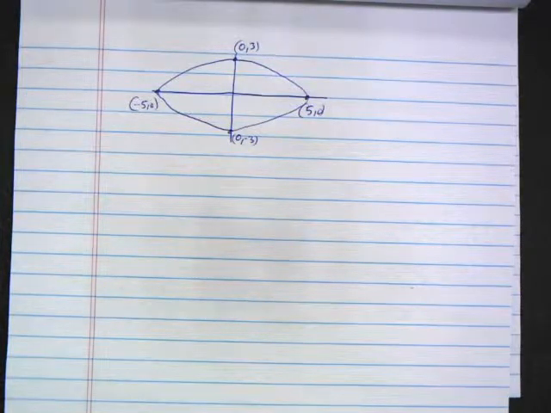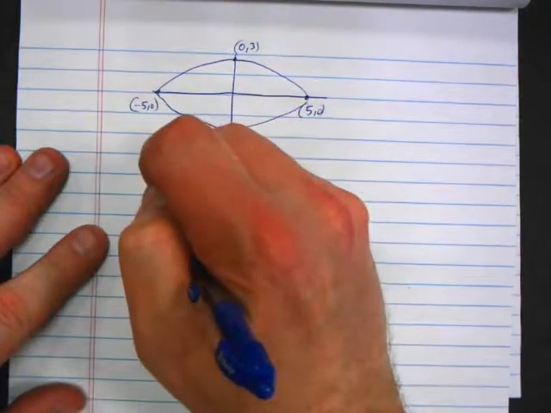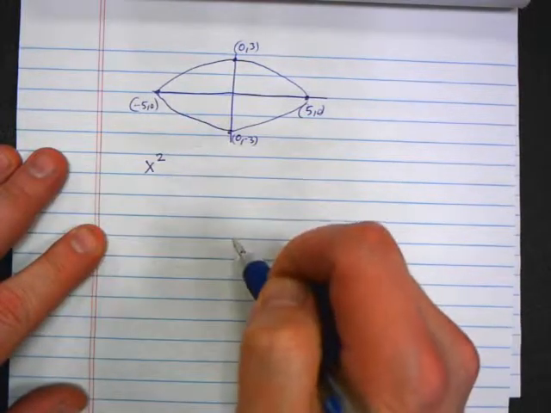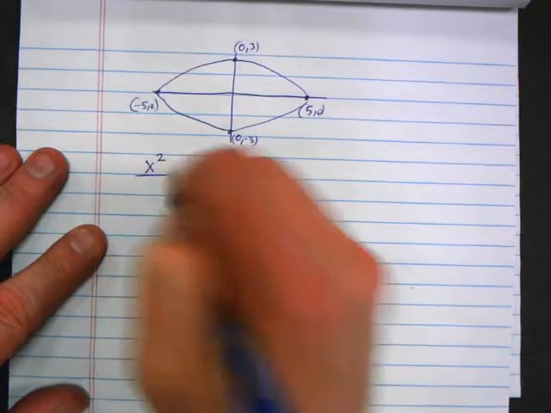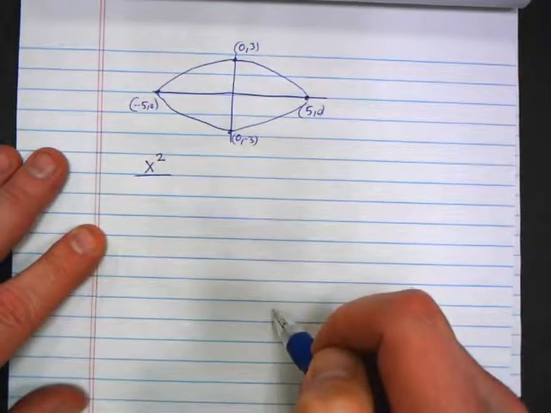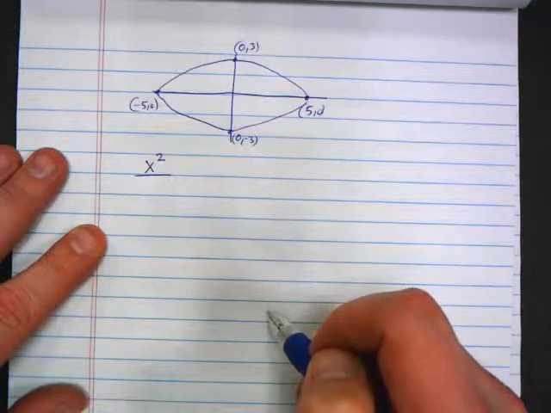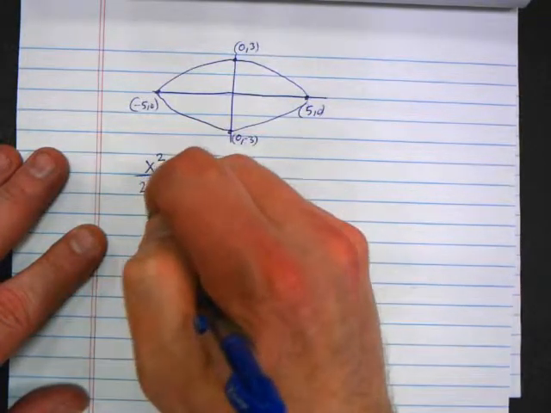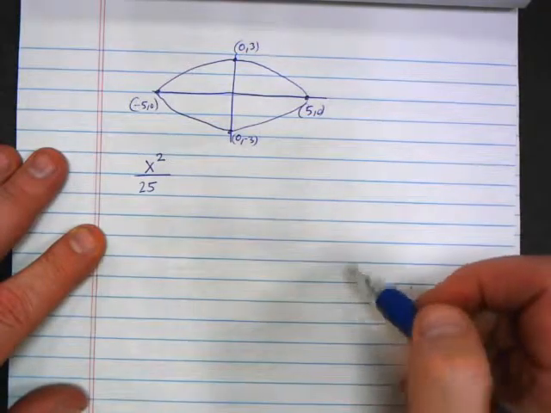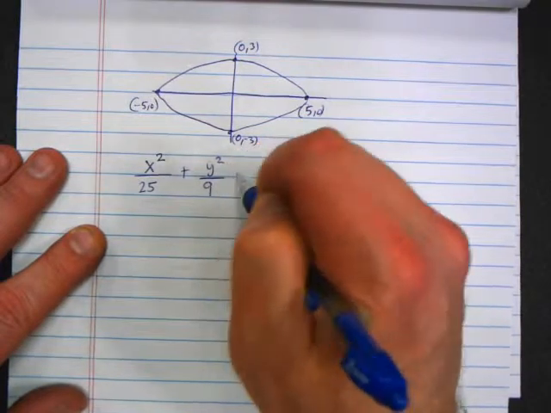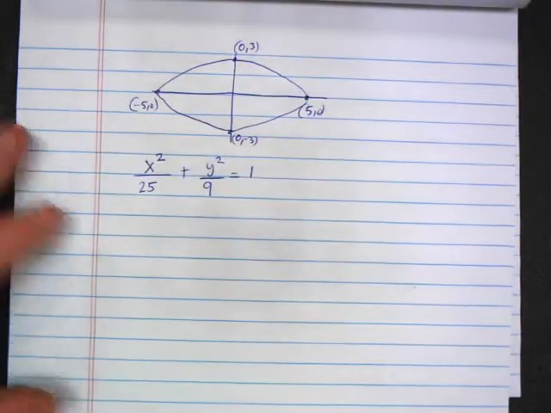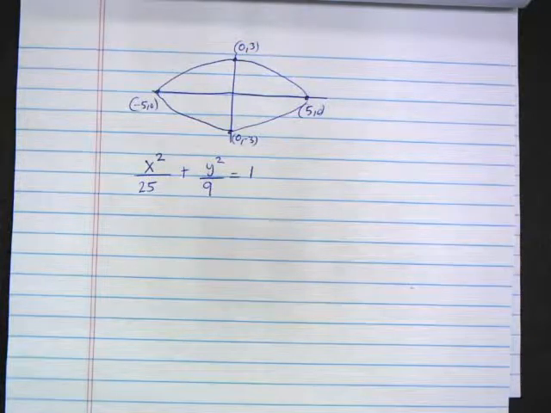First off, what's this equation? x squared over 25. Why 25? It's a squared. Plus y squared over 9 equals 1. How do you find the area of an object?